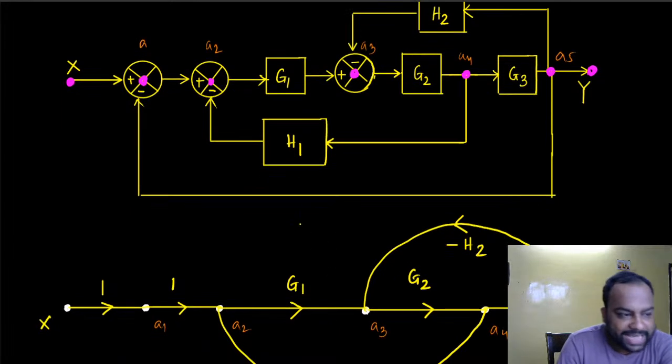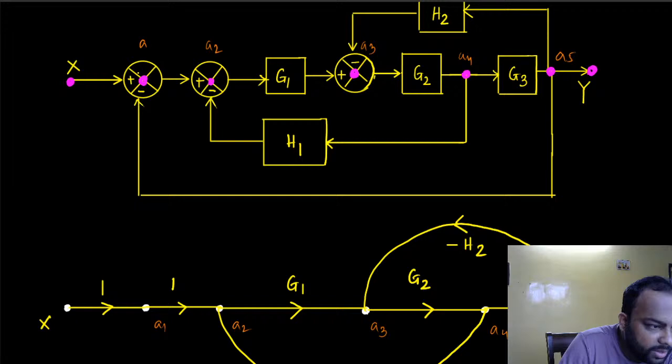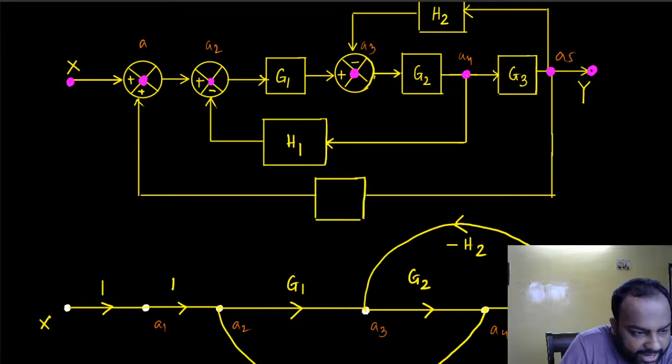And the same thing is true for the last feedback loop. In that one also, I can consider this to be a plus sign here, so I can consider this to be a summing point instead. Here, instead of a straight up feedback loop with a gain of 1, I can consider this to be a gain of minus 1. Whatever comes in here gets multiplied with minus 1 and gets summed up at node A1.